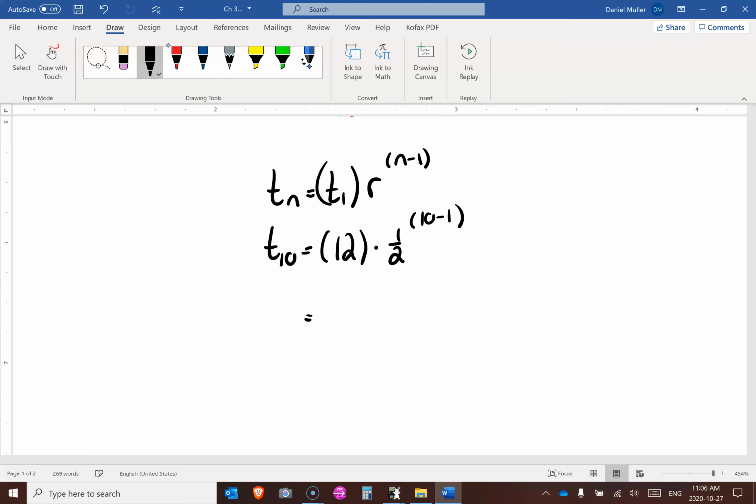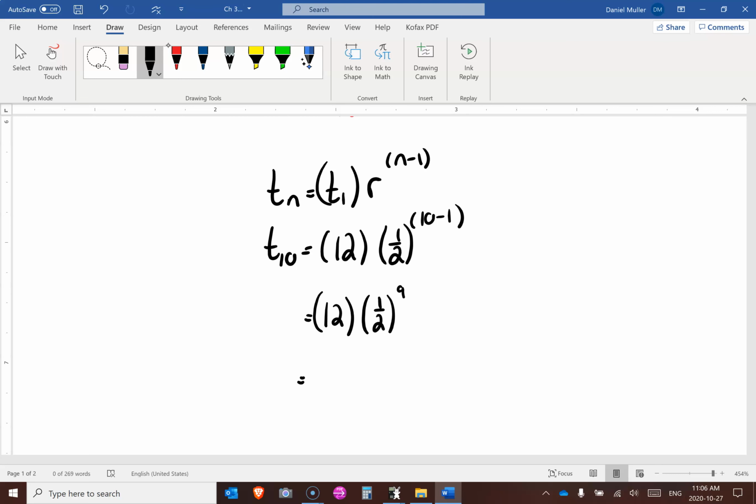So that's 12 times 1/2 to the 9. Maybe I will put brackets just around this, because you're going 1/2 to the power of 9, and then we're going to times that by 12.